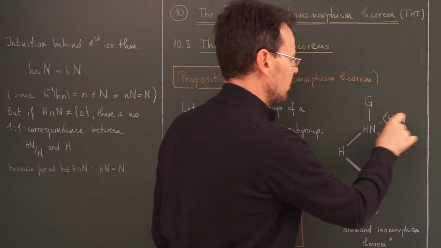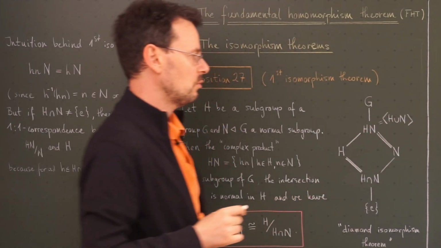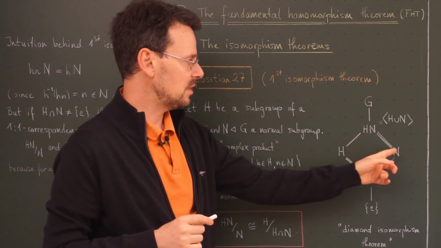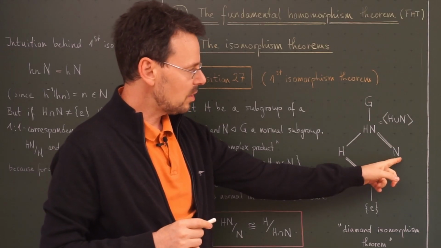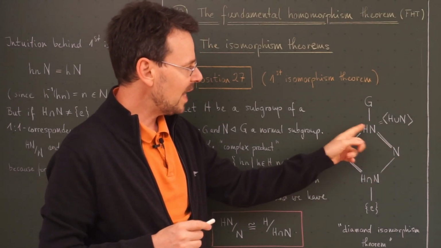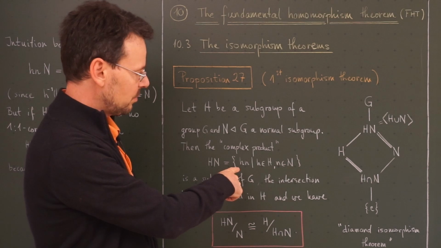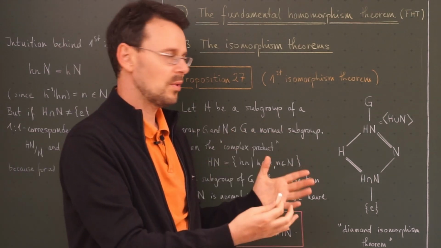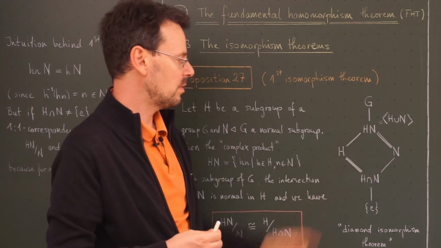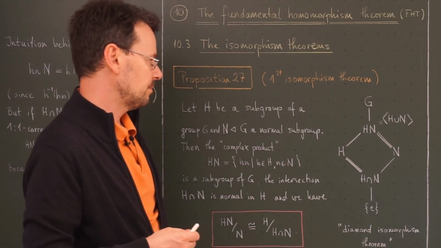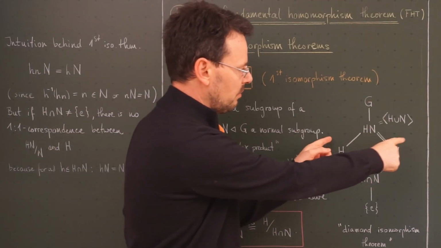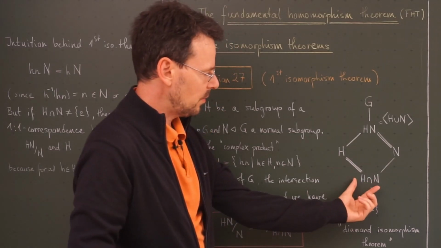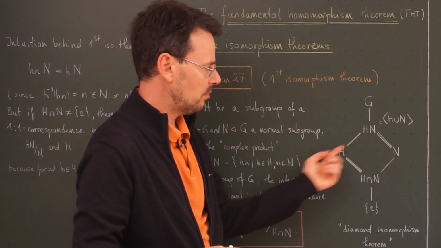So I have to take the subgroup generated by the union of these two. But if N is a normal subgroup, then HN, this complex product here, is already the smallest group containing both of those groups.